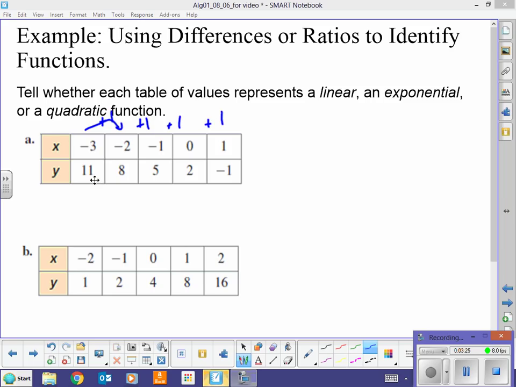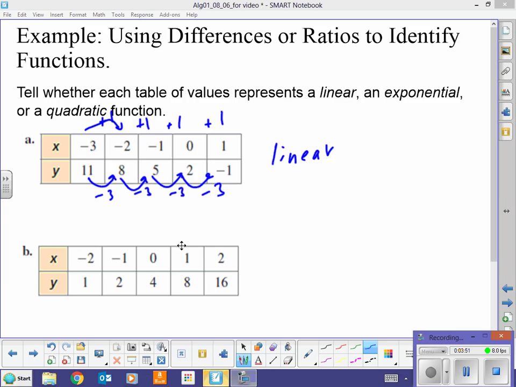And what's happening here? 11 to 8 to 5 to 2 to... So it looks like we're subtracting 3 each time. So if we have a common difference here, this is going to turn out to be linear, right? Common difference. We've seen this before.